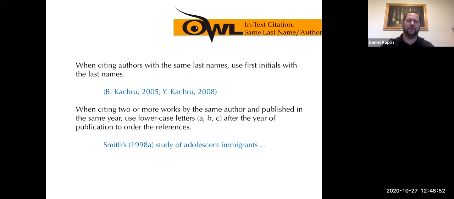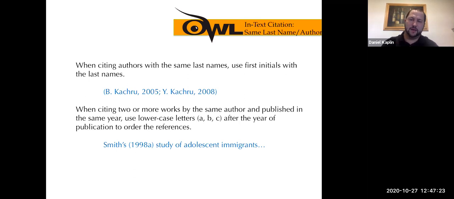What happens when you have authors who have the same last name? This is very common in psychology because many times people follow their relatives into a discipline. A good example of this would be Sigmund and Anna Freud, right? If you're writing about psychoanalysis and traditional psychoanalysis, you might cite the works of Sigmund Freud and Anna Freud.